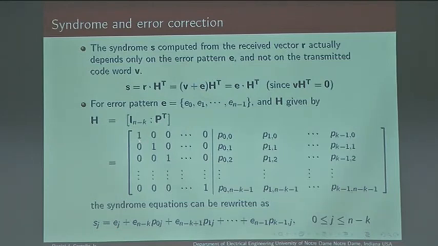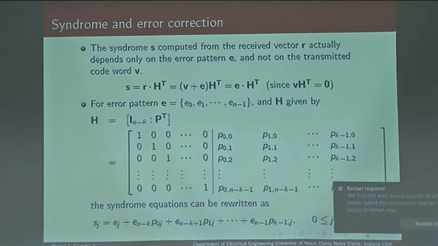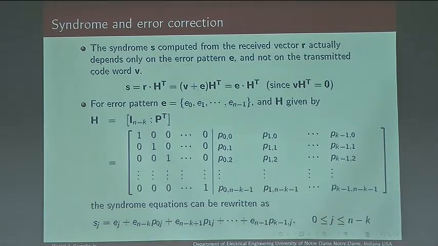And so we get E0, or in general, E sub j for any one of the rows here. And then we get the error positions from n minus k up to n minus 1 multiplied by these parity bits here in the parity check matrix. So this is just in general what these syndrome equations look like.